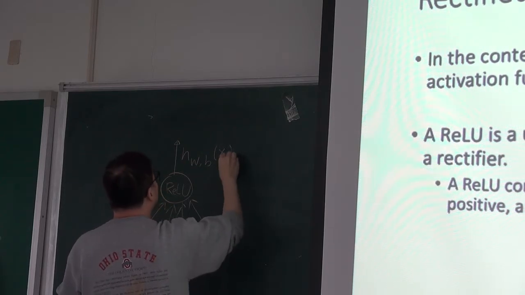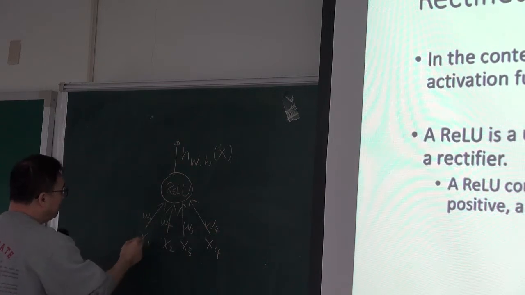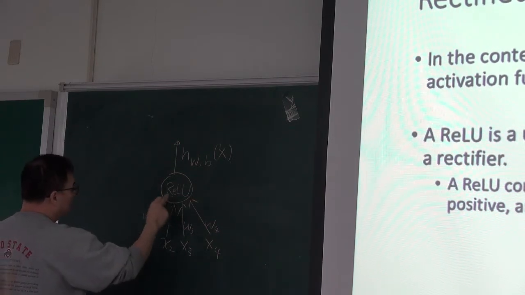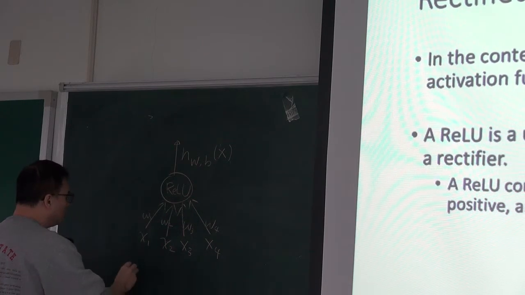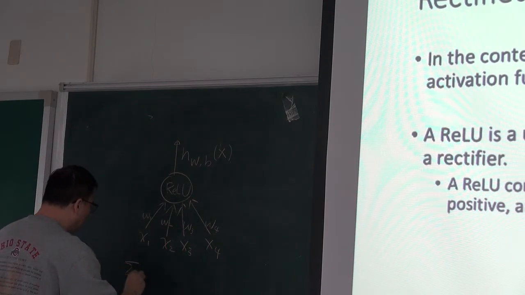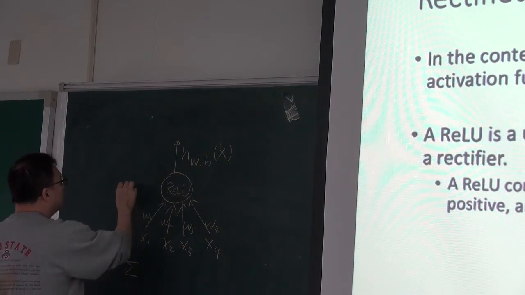To be exact, what happens is that ReLU is going to get the inputs from all these inputs. So it's going to be like a summation over i, including this bias.